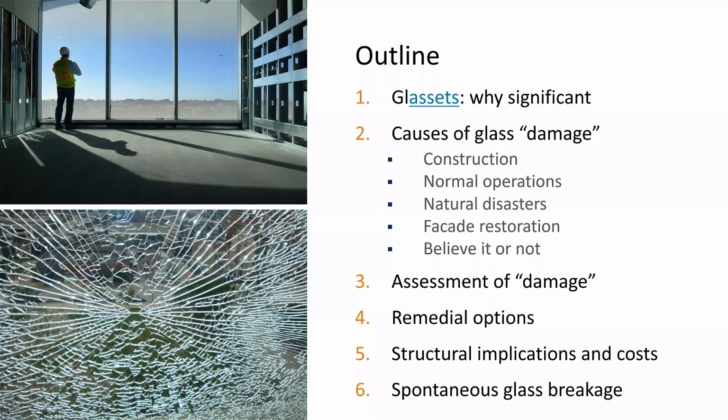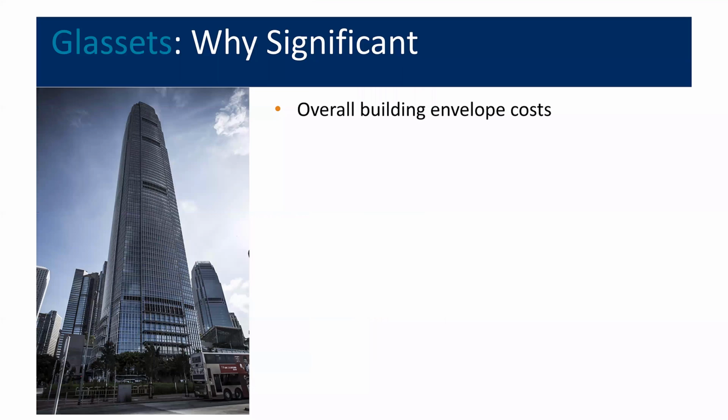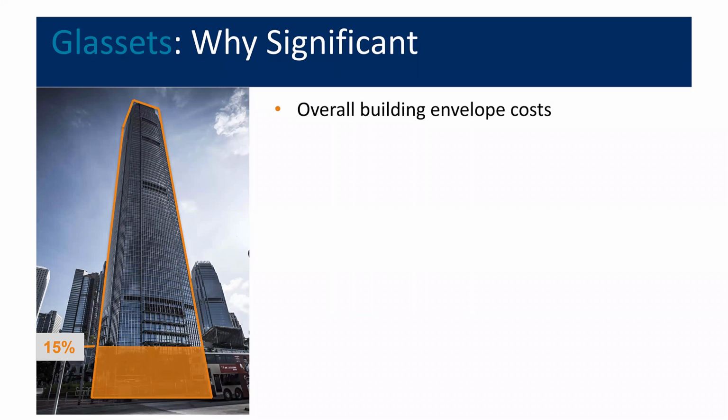So let's take a look at why glassets are so important. This is a nice looking building in Hong Kong. Not terribly ornamental, doesn't have a lot of jewelry, but the exterior building envelope probably ranges anywhere from 15 to 25, maybe even higher percent of the total building cost.